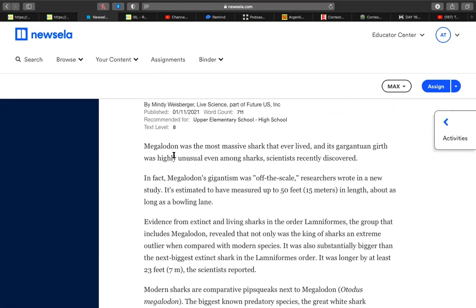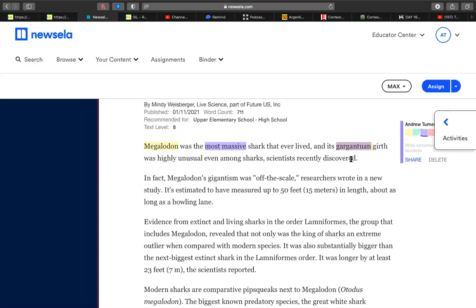Megalodon was the most massive shark that ever lived, and it's gargantuan. What's that word? Gargantuan, yeah. So just like any test, because this is Max Lexile, that word is put in there on purpose, not to slip you up necessarily, but gargantuan just means huge, okay?